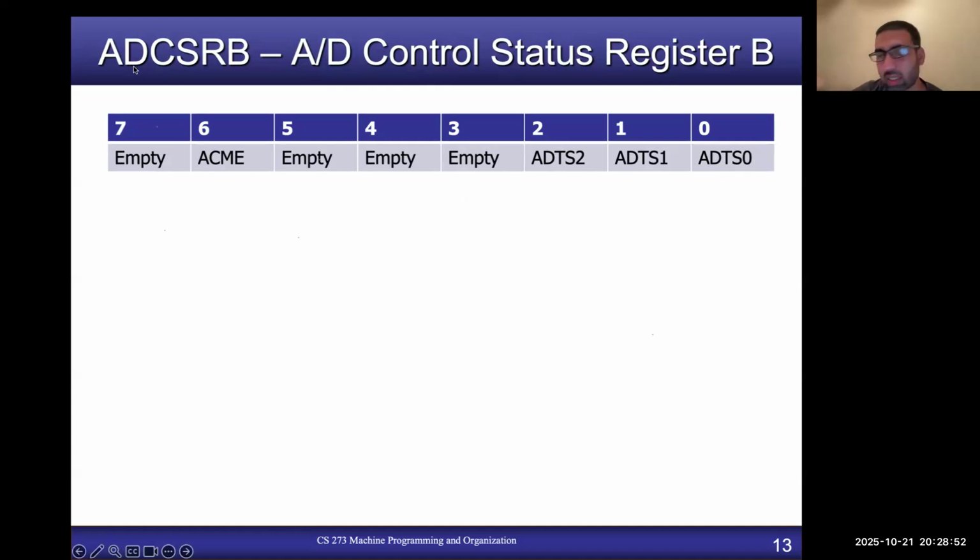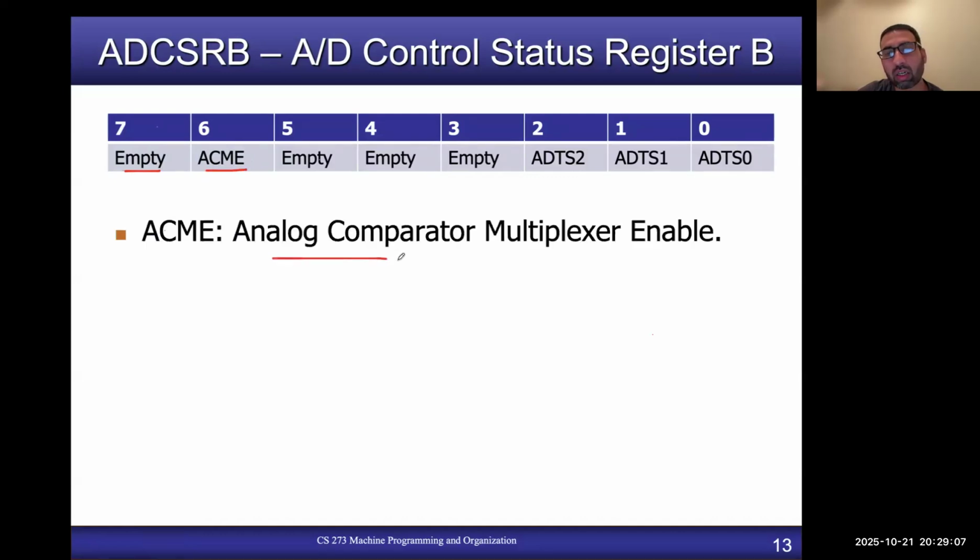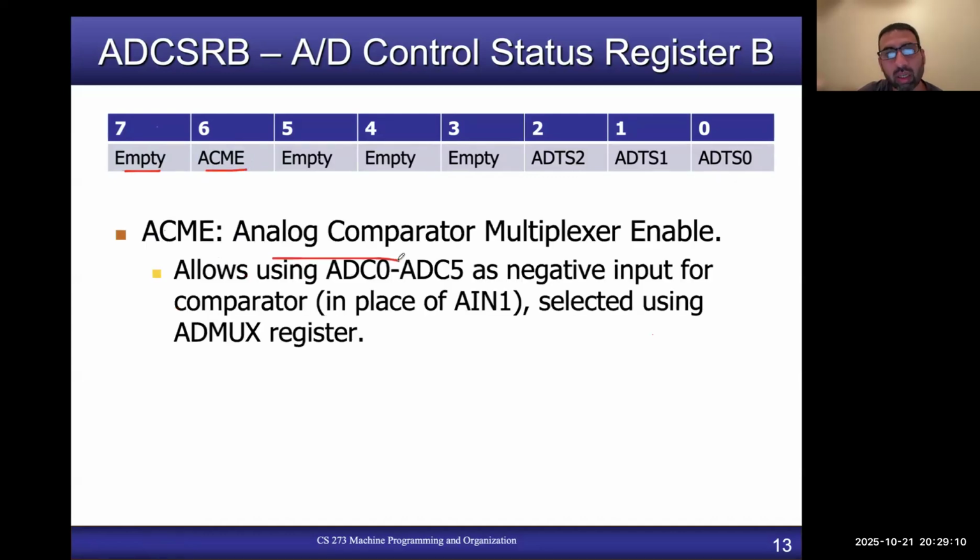Another register associated with ADC is the ADC control and status register B, right? Let's have a look at its different bits. Bit 7 is not used. Bit 6 is ACME, the analog comparator multiplexer enable bit.